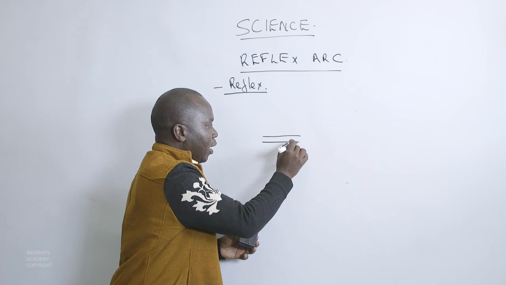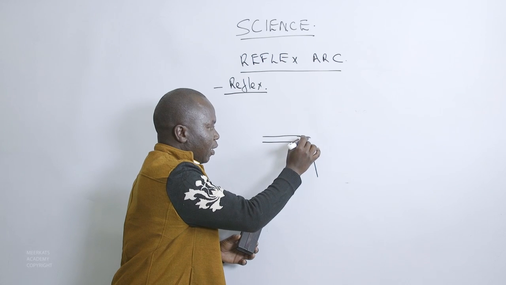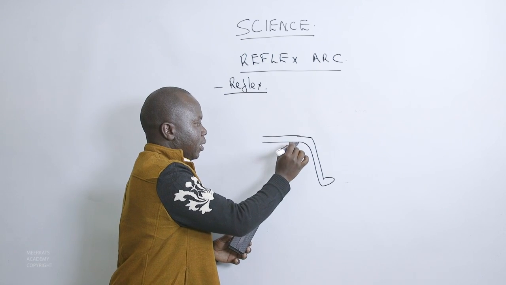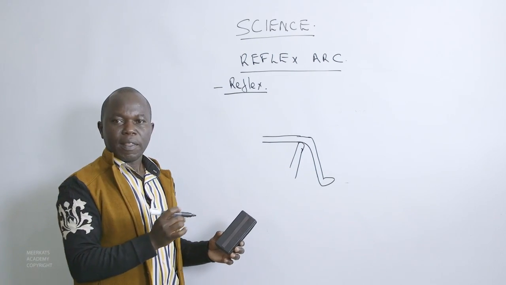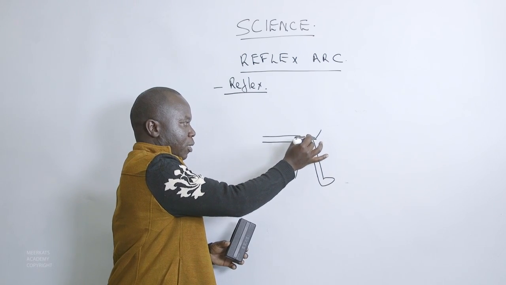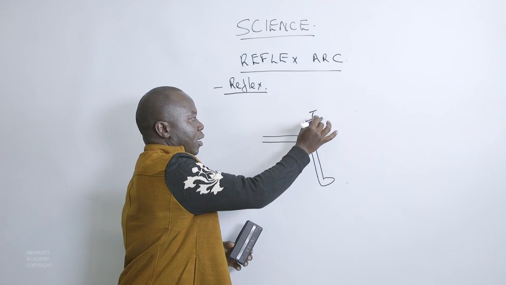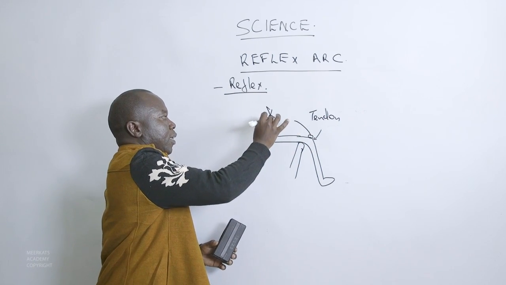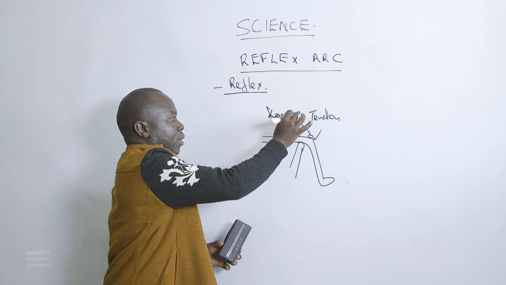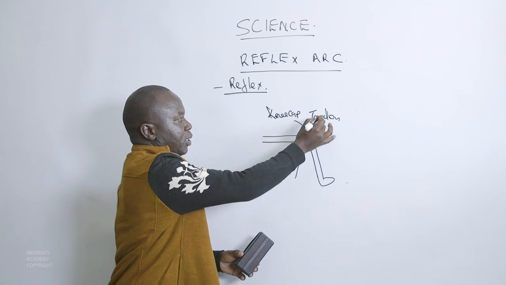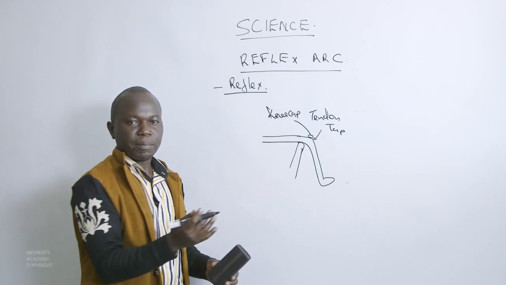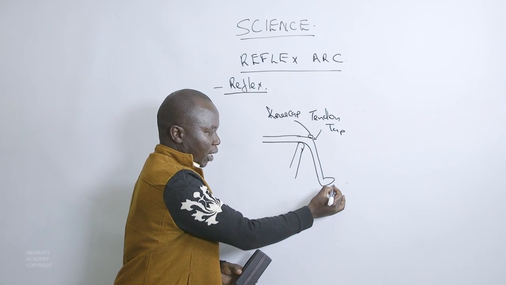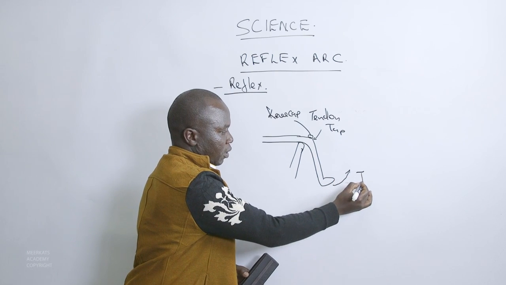If you hold your leg across another leg like that, and then you hit the tendon just below the kneecap, you just tap, maybe using a ruler or something like that, you realize that this leg will jerk forward.